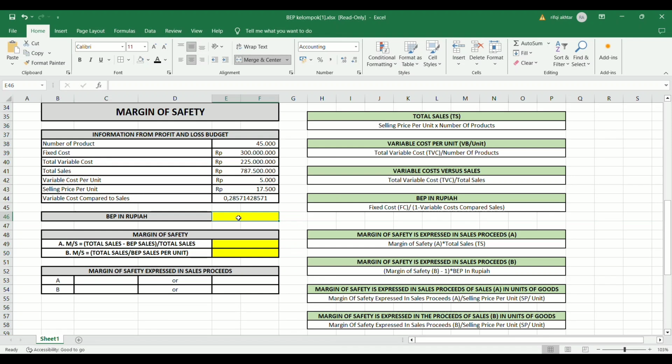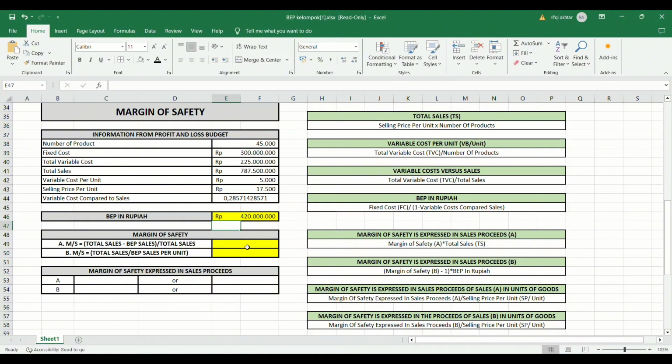Next is break-even point in rupiah. The formula is equal fixed cost divided by open bracket 1 minus variable cost compared to sales close bracket and enter.